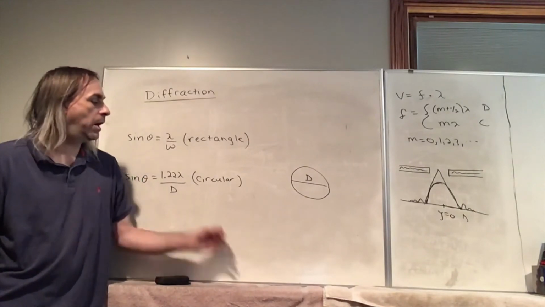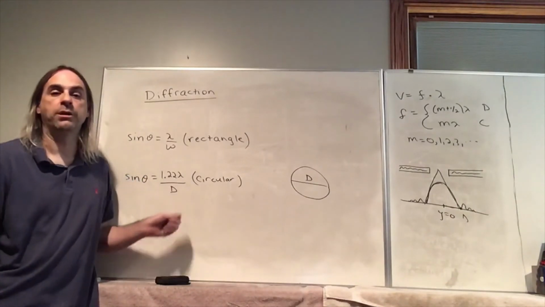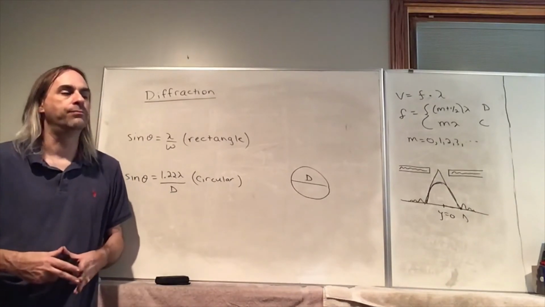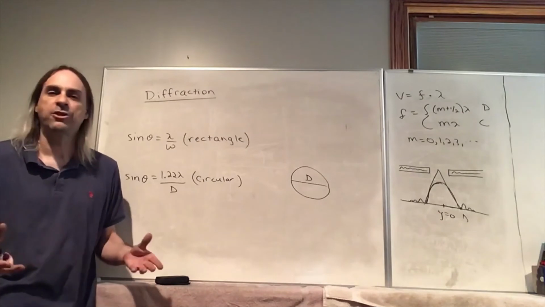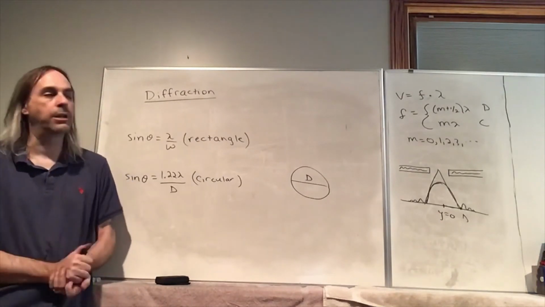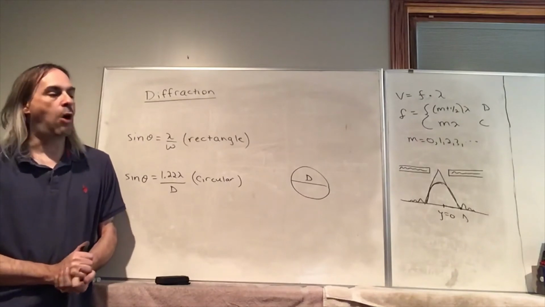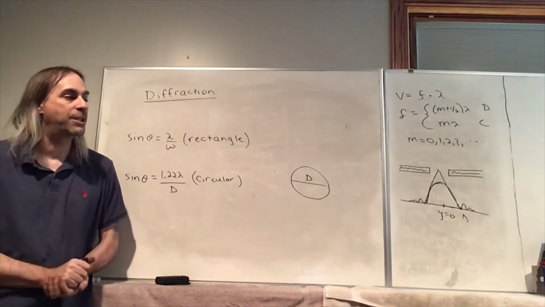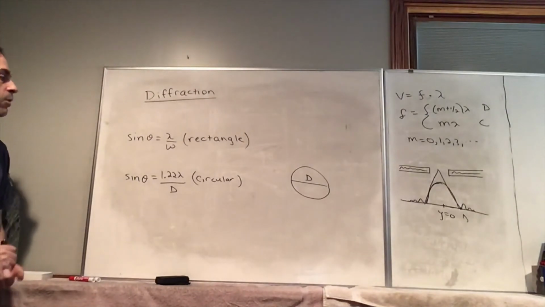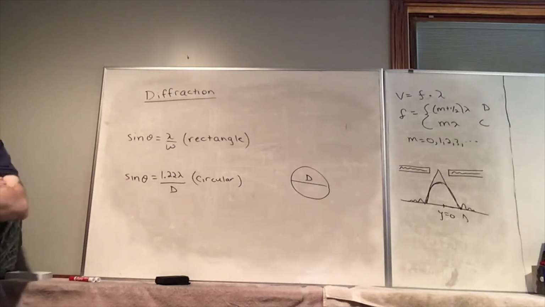So this one is extremely important, more so for light, because instruments like microscopes, telescopes, and obviously your eye, all of these tend to be circular openings that the wave has to pass through. And so, a very important example, the circular case.